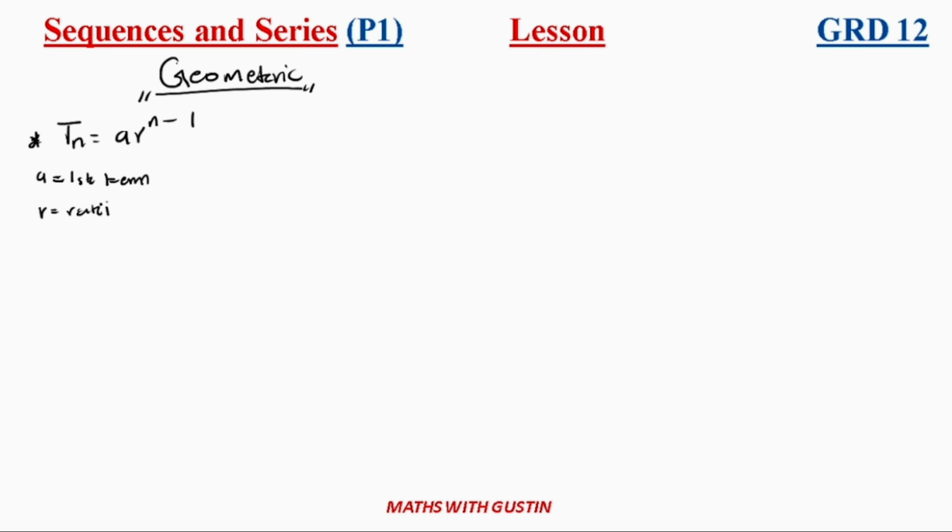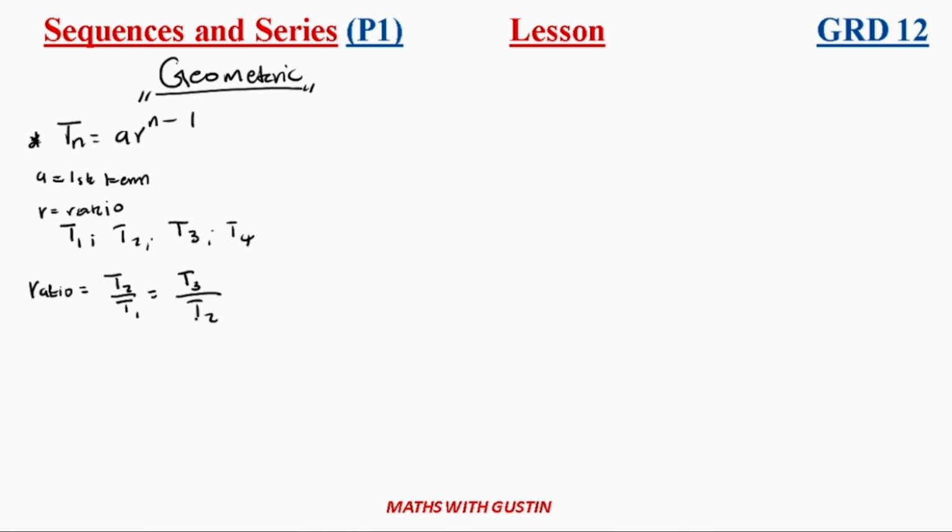Now the most critical thing here is how do you get the ratio. Let's say that you've got T1 as our first term, then T2, then T3, and maybe also T4. In order for you to get the ratio, you must say the ratio should be equal to T2 over T1, which must also be equal to T3 over T2.